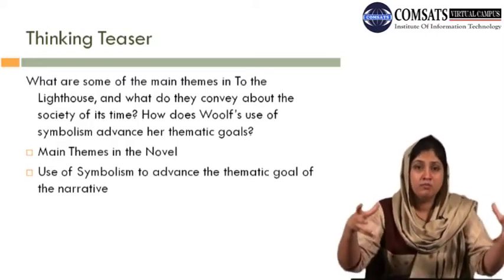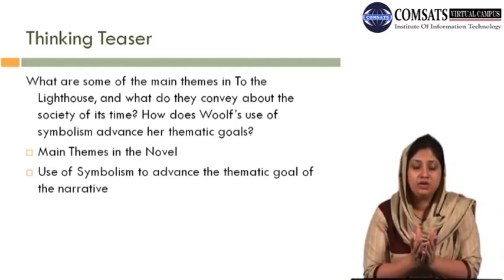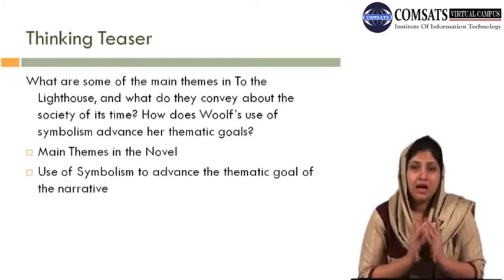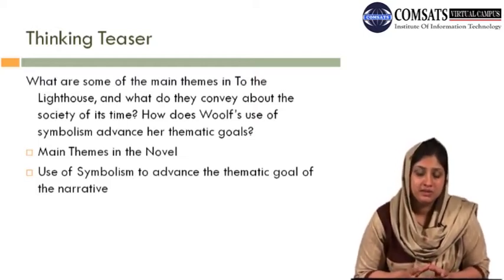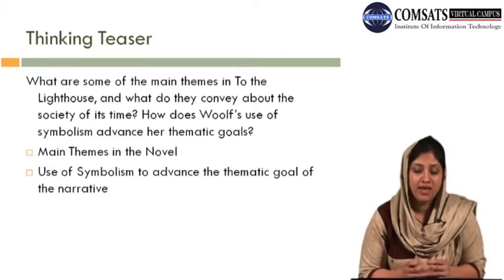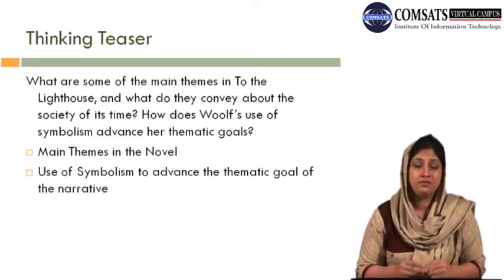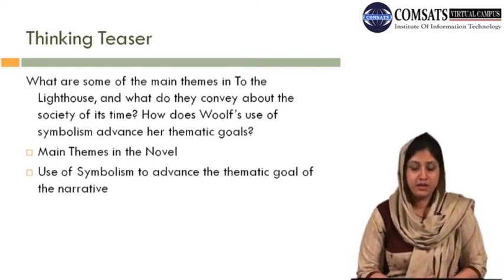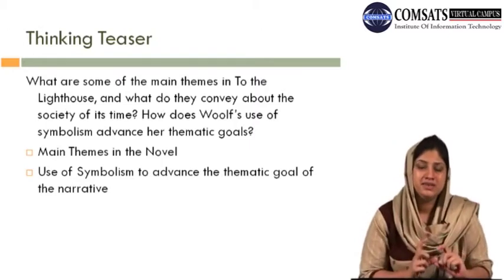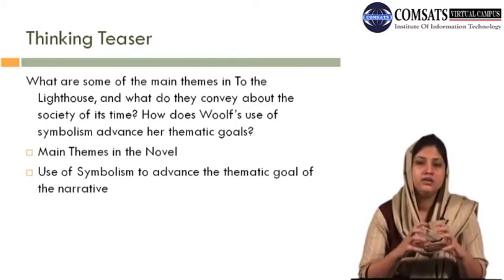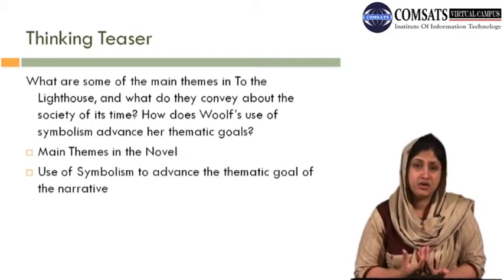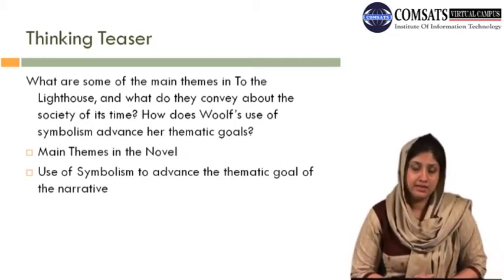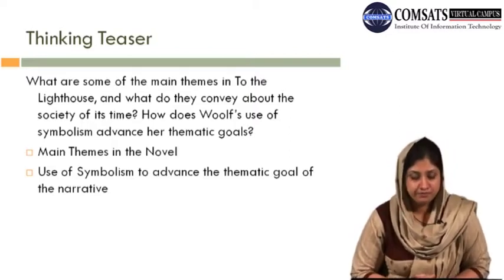You will have to mold the discussion in order to relate this to your question, because the question has been how both of these devices, the themes and symbols, have been used to convey about the society of the time. So how do they reflect the society is basically the question. Now, they means themes and symbols. How the writing strategies of the writer help you understand the era where she belongs to.